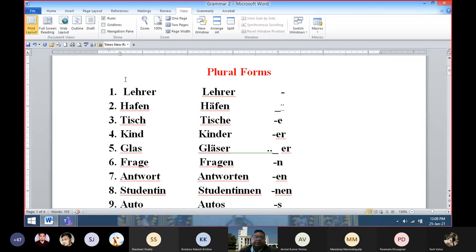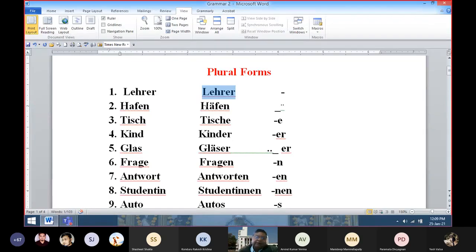So for the same singular and plural, if you say der Lehrer, the teacher, because Lehrer is a masculine noun, the plural form is die Lehrer. Der, die, das, these three are for singular nouns, and die is the common article for plurals, irrespective of gender, whether the noun is masculine, feminine or neuter.